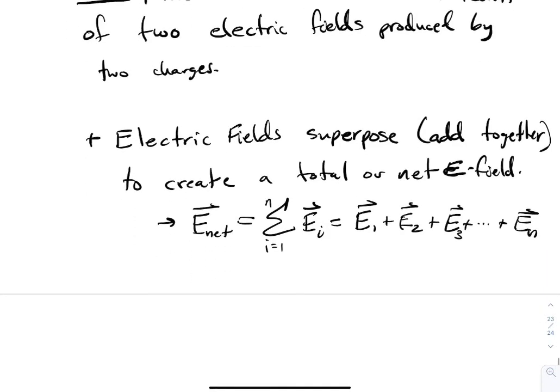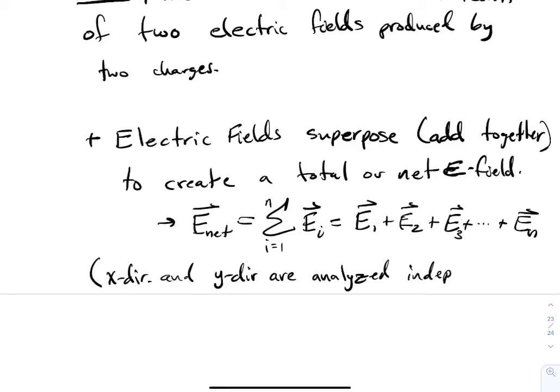Notice that we're adding vectors, and so what you might note is that x direction and y direction will be added independently. So we'll say they are analyzed independently. And you're used to that because we were doing it through all of Physics 1.